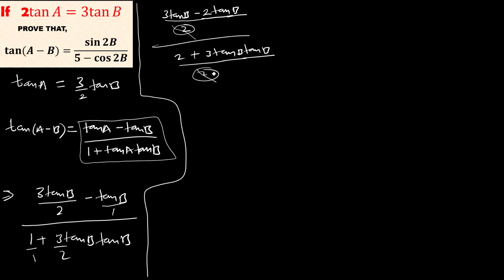I want to divide this one by that. This one will take the reciprocal, which the 2 will cancel itself.